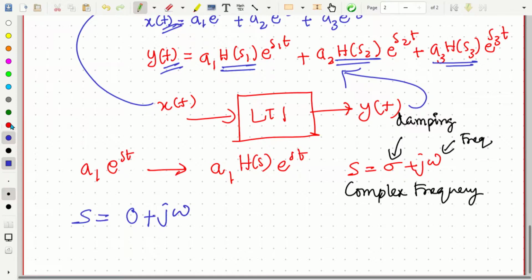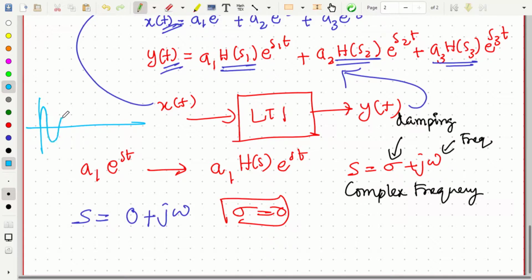So what is the meaning of this? We are considering sigma is equal to 0. Why are we considering sigma equal to 0? We know that when sigma is negative, our signal will go like this, right? And when sigma is positive, our signal will go like this, right? So such signals we are not considering.